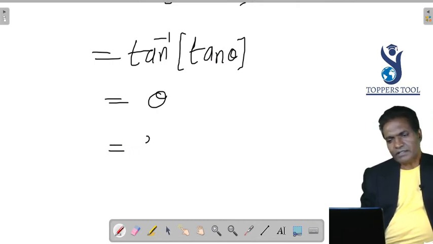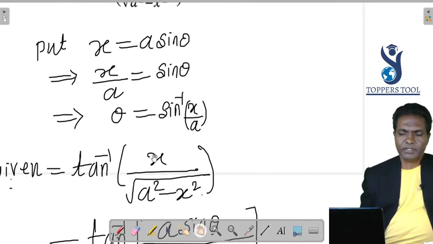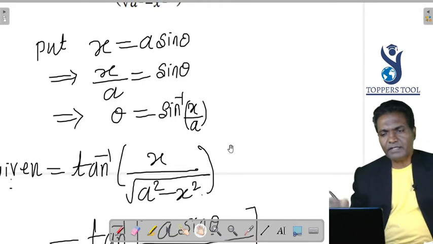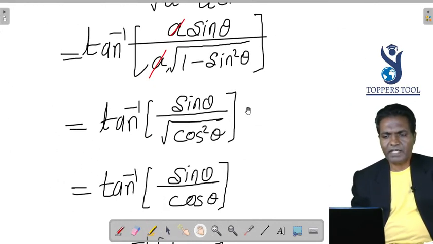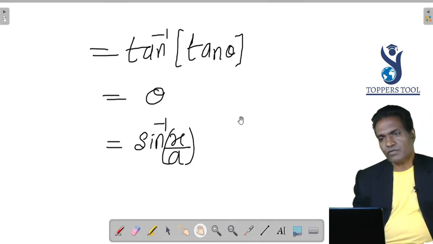Your theta is sine inverse of x by a. Okay, look at this. So in this way you can express the given in its simplest form. Let's have a few more.